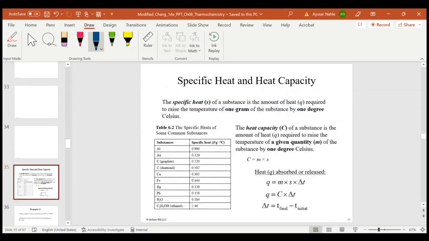Talking about specific heat, as I remember I said last time, specific heat is the amount of heat needed to raise the temperature of 1 gram of any substance by 1 degree Celsius.